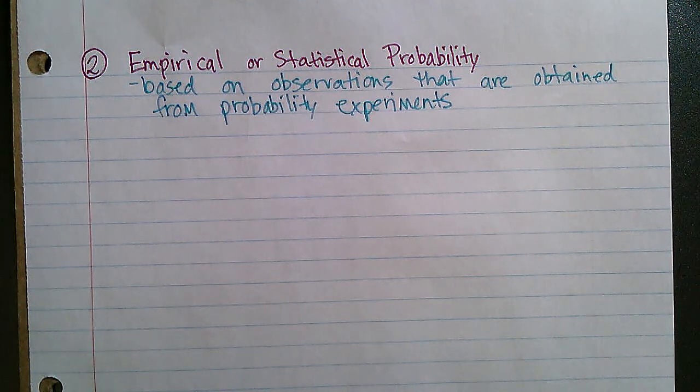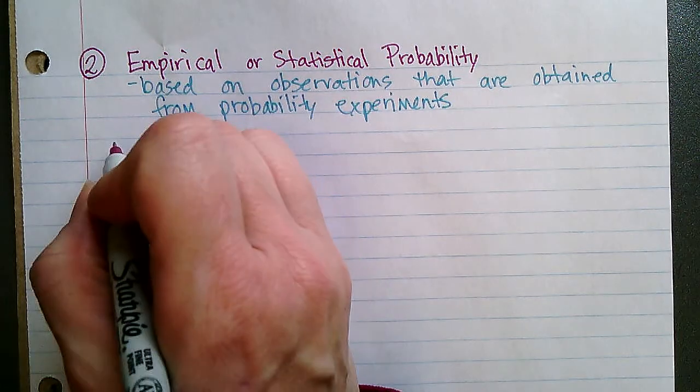So in this case, we actually have data to look at. We're not just theorizing about how many 2s there are in a deck of cards. We actually have some data.